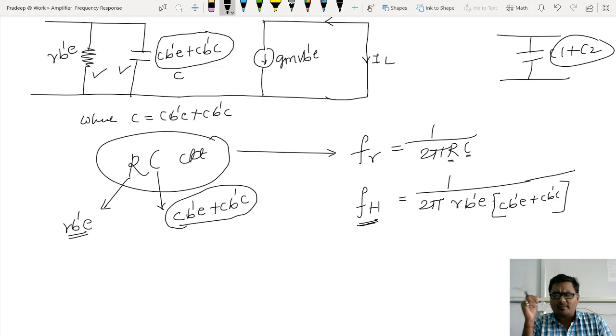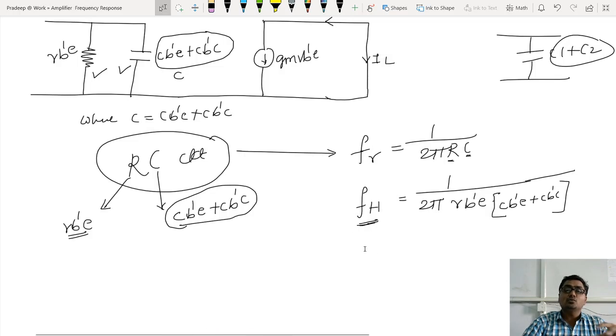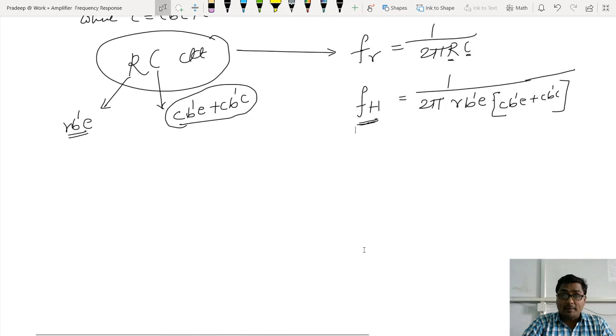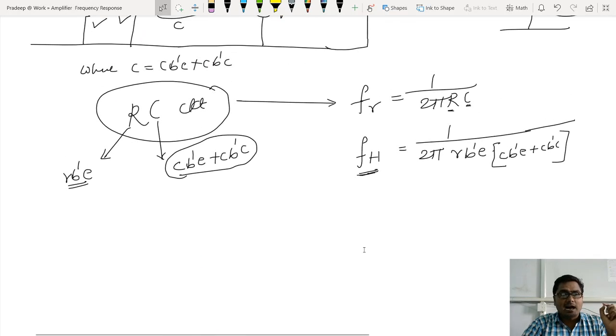So now we are getting this higher cutoff frequency because we converted a CE amplifier into an RC circuit. How did we convert? We converted the amplifier into the RC circuit by replacing RL with a short circuit.